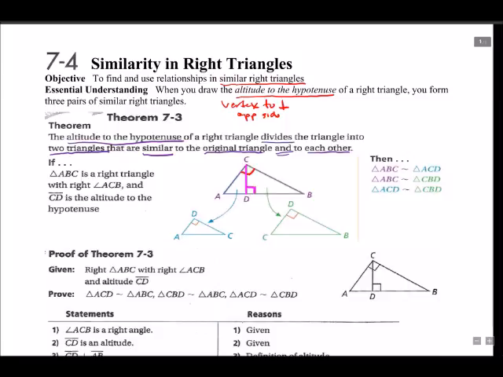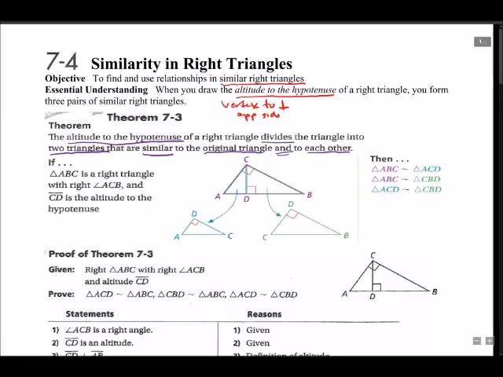So we have this original triangle right here, our purple one, and we draw this altitude. And then what happens is that this, and I'm going to erase all mine, pardon me, creates two more triangles.